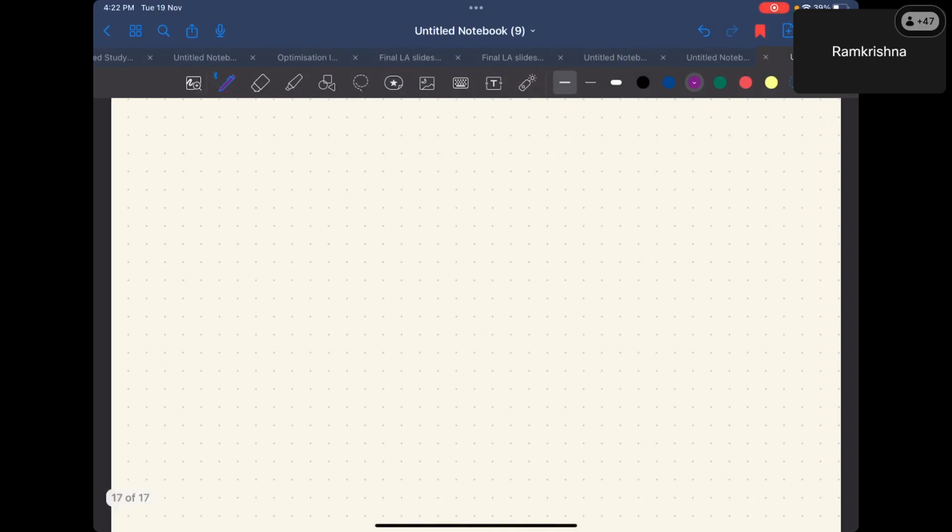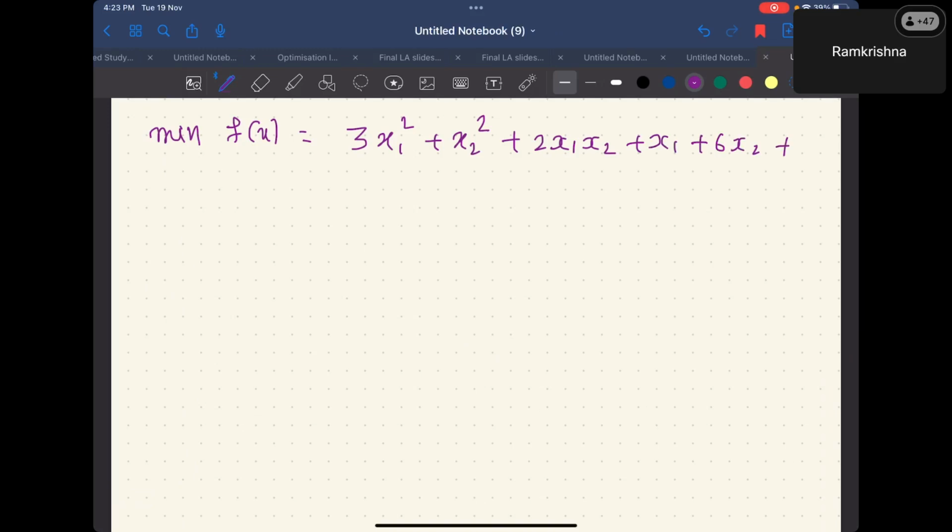I have to minimize f of x, which looks a little long and ugly, but nothing to be terrified about: 3x1 square plus x2 square plus twice x1 x2 plus x1 plus 6x2 plus 2.